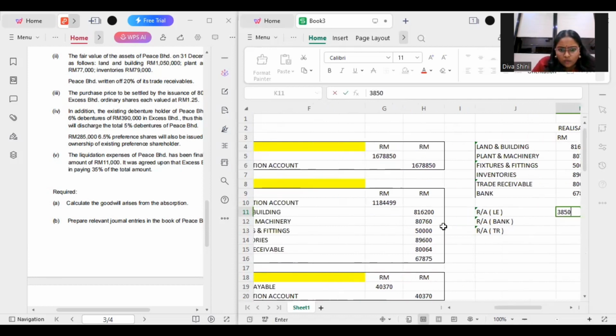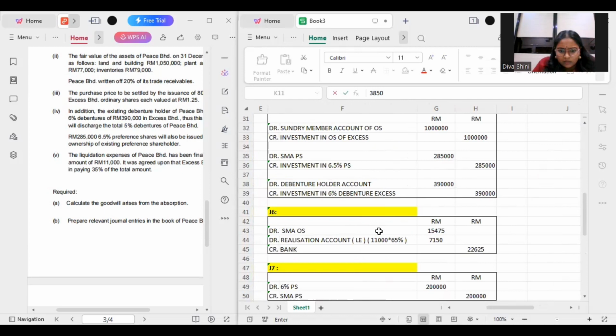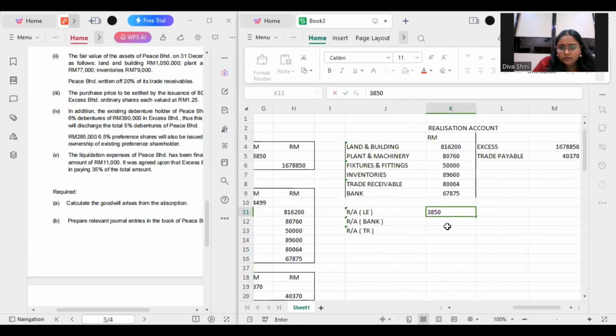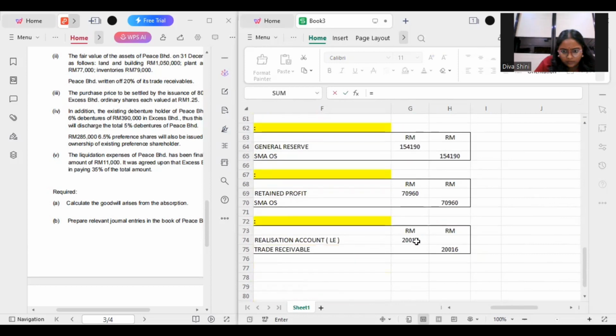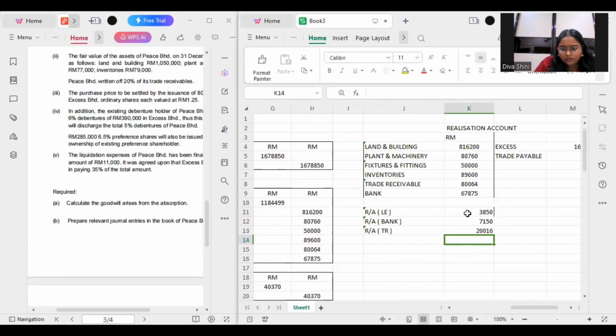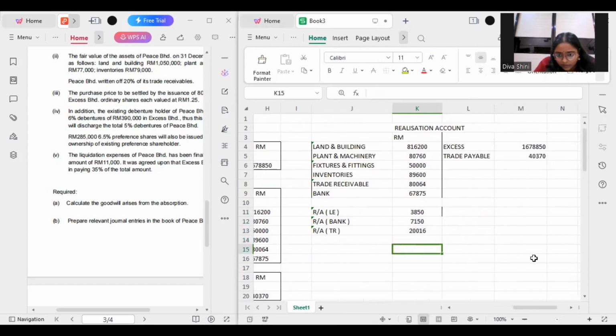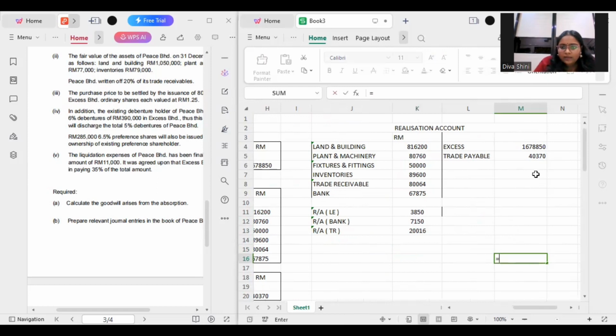And realization account bank, okay, we need to take it from here, which is 7150. And the trade receivable will be 20016. So first we need to tally the debit and credit account in order to find the sundry member account amounts.